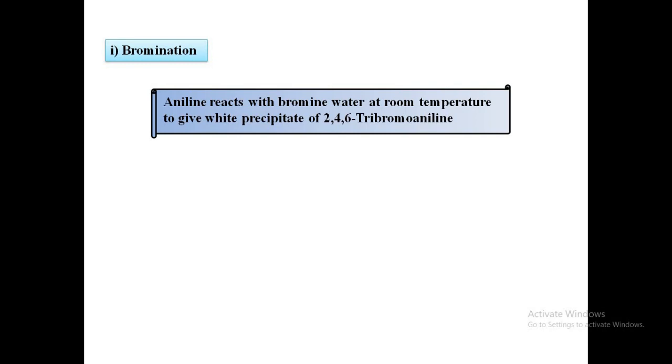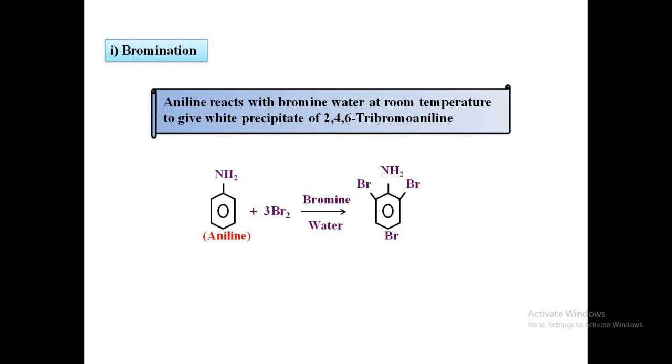Let's consider the reaction. When aniline is reacted with bromine in water, the formation of 2,4,6-tribromoaniline occurs along with hydrogen bromide.